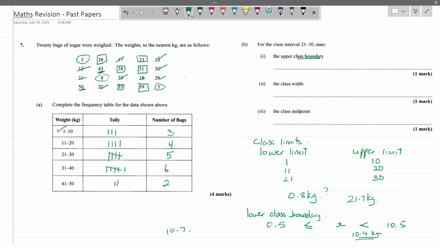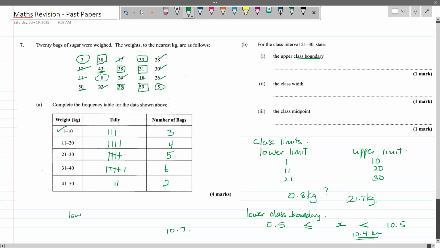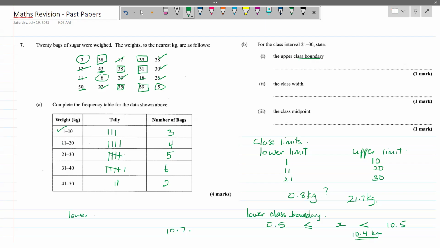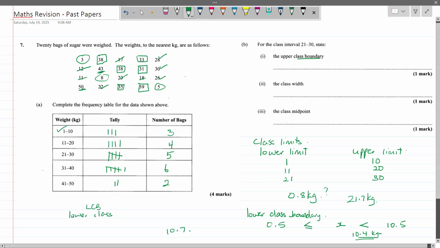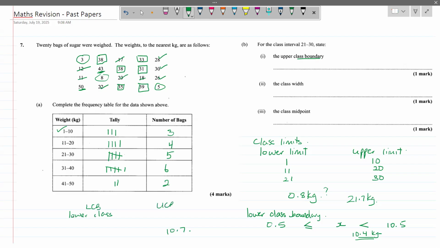If it was 10.7, it will go in our other class, because the lower class boundary, we could abbreviate that as LCB, and the upper class boundary for our second class will be 10.5, right? Greater than or equal to 10.5, but less than 20.5. So something like 10.5 will go in this, 10.7 will go in this class.